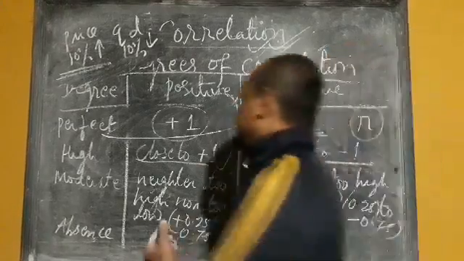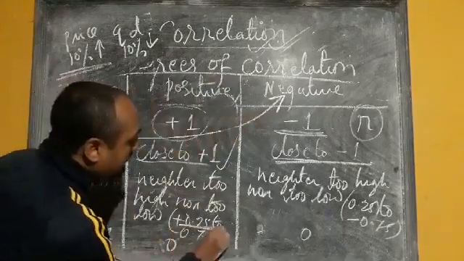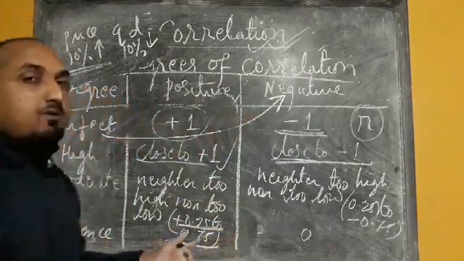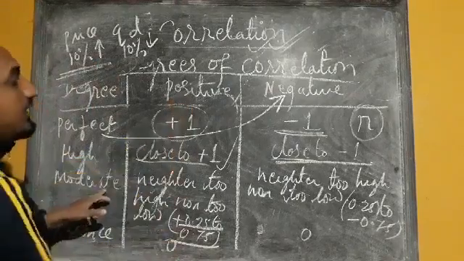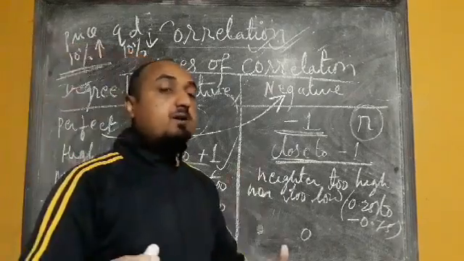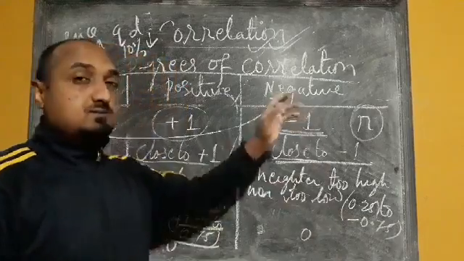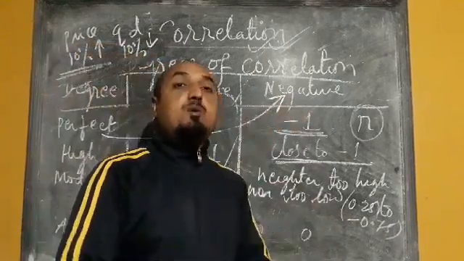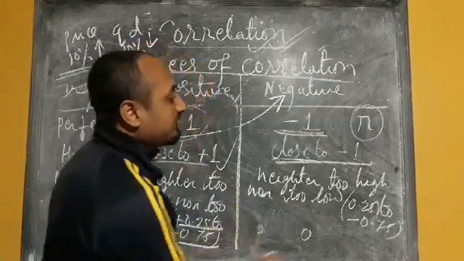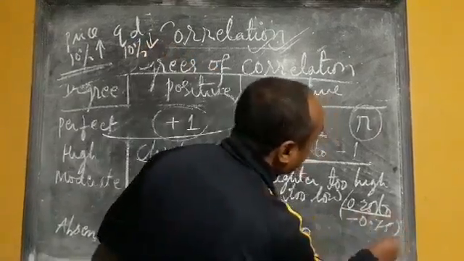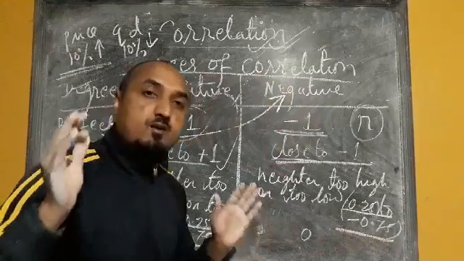That means R will lie between 0.25 to 0.75. Similarly, in the case of moderate negative correlation, here also the value of R will be neither too high nor too low. In that case, the value will lie between minus 0.25 and minus 0.75.